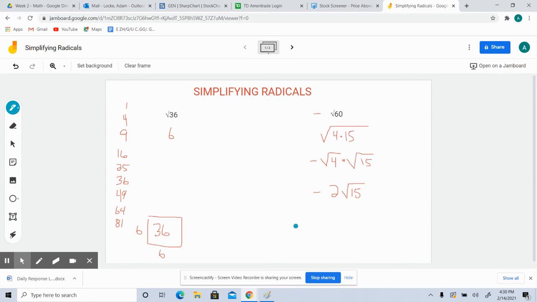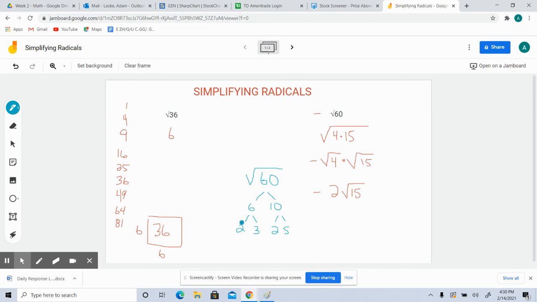All right, another way you could think about it is you could take this square root of 60. I'm going to come over to the side just a little bit, and you can write out a factor tree. Really, any factor is going to work here. We could say 6 and 10. Then we want to get down to where we have all prime numbers. 2 times 3 is 6, and 2 times 5 is 10.